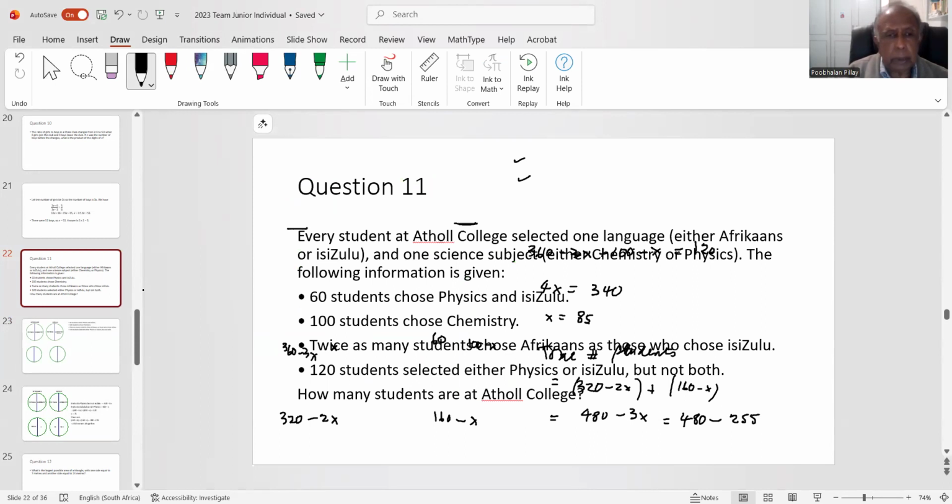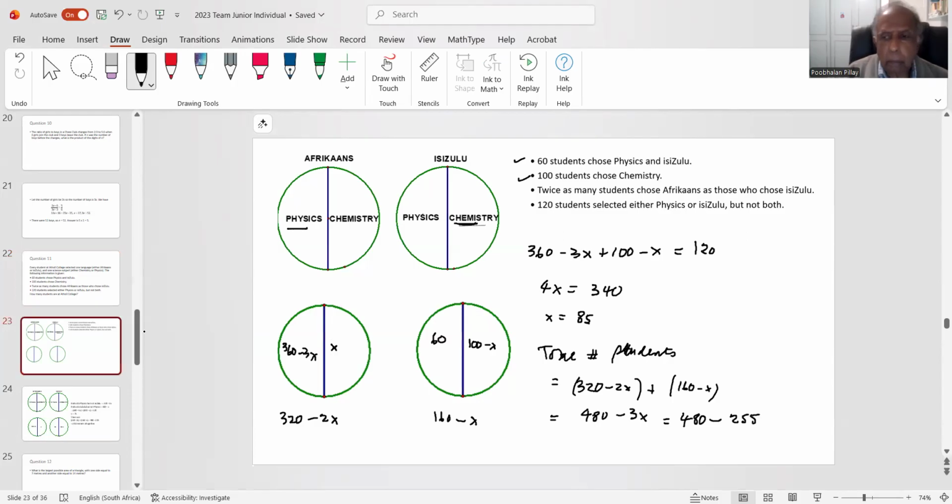So we're going to add up the whole lot. And that gives you 235. $225, I think.